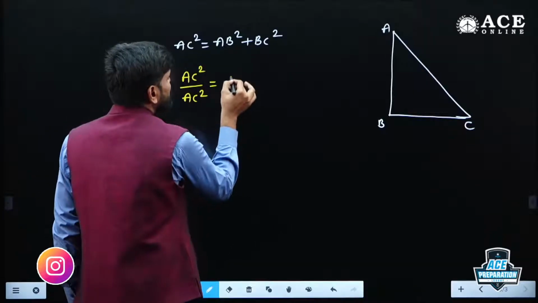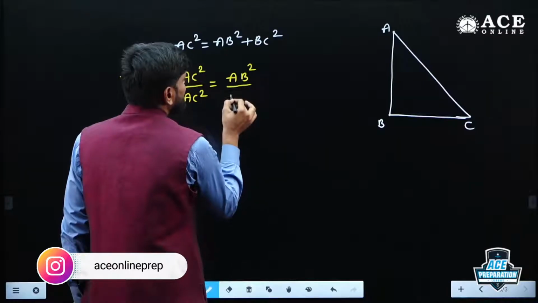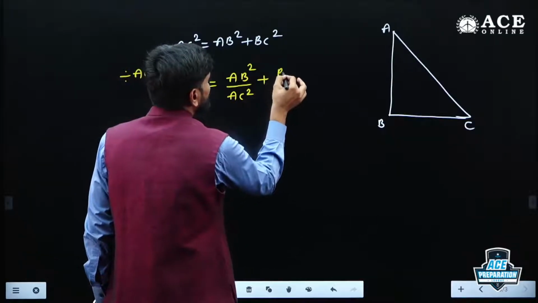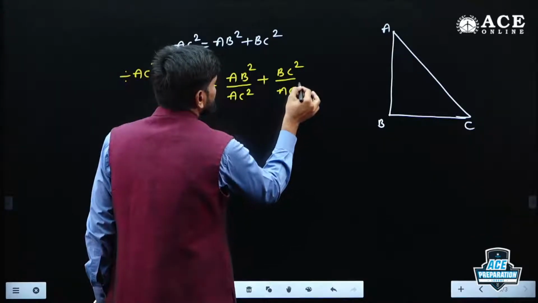is equal to AB square by AC square plus BC square by AC square. This is what we can say.